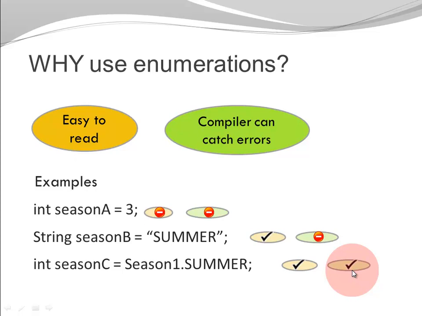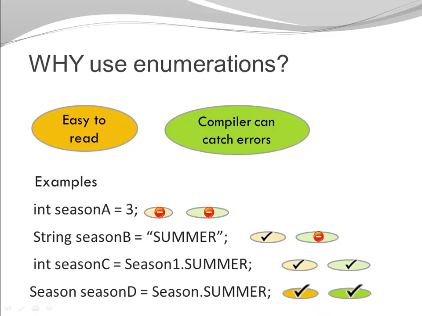If I would spell summer with a single M, the compiler would realize there is no field declared with one M, and I would get a compile time error. I'm not perfectly happy though at this point because seasonC is of type int, and really this is representing a season and not a number. So there is a disconnect between what I am representing and the type I use.